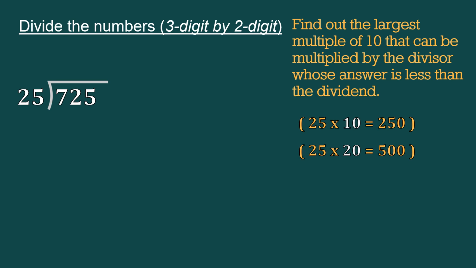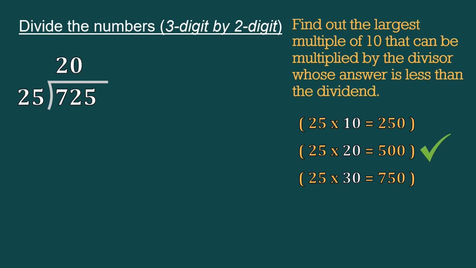We try the next multiple of 10. 25 times 30 is equal to 750. At this point, we went beyond our dividend. So, we go with 25 times 20 is equal to 500. Let's have 20 as our partial quotient.